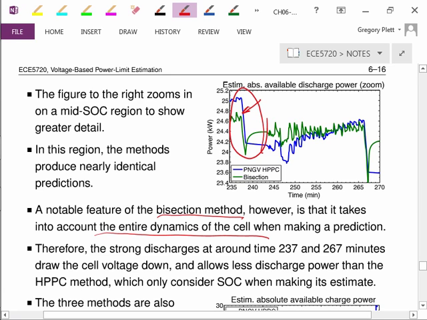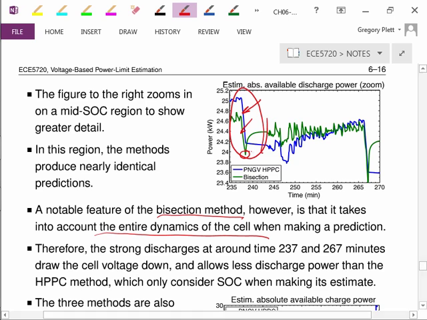And during that time, the HPPC method is saying that I just have constantly changing power because of that. Whereas using the entire cell model, you can see that as I'm doing the strong discharge, it's really lowering the power capability because of it, because I'm biasing the resistor-capacitor circuit that models the diffusion voltages.